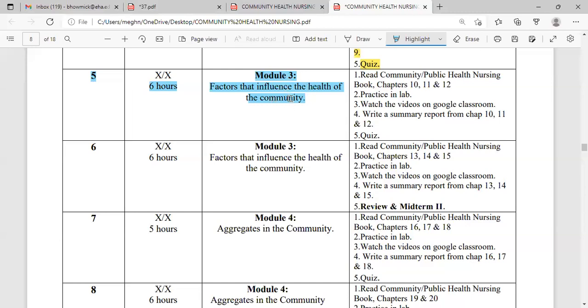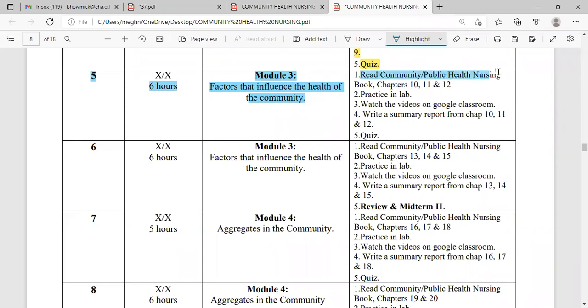So community health nursing is a broad field that allows the nurses to practice in a wide variety of settings. And the community health nurse promotes the health and welfare of the client across the lifespan, right? And also the diverse population. So all is population based.